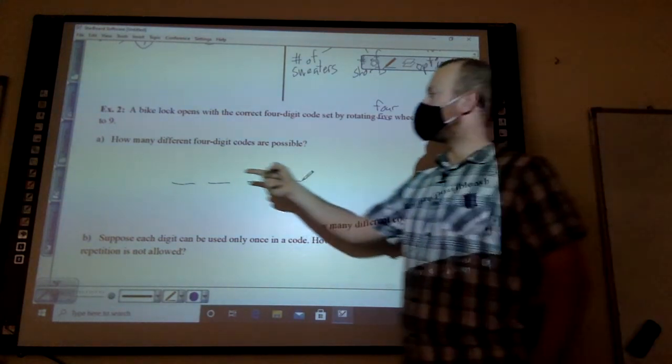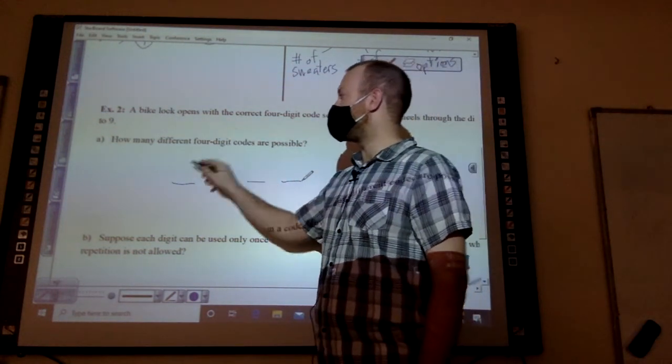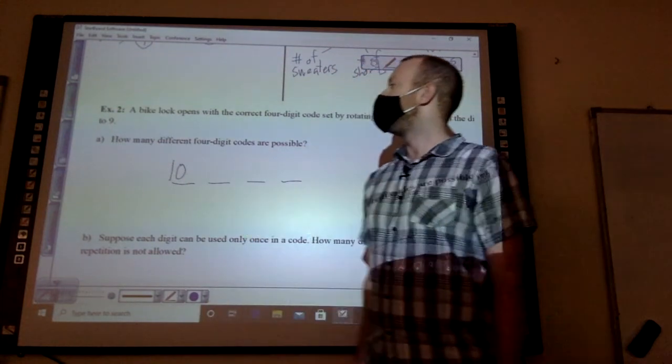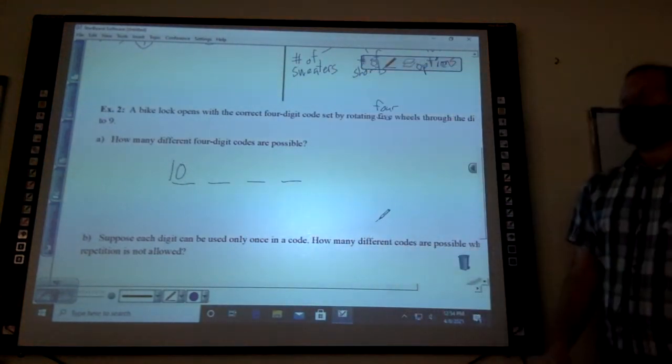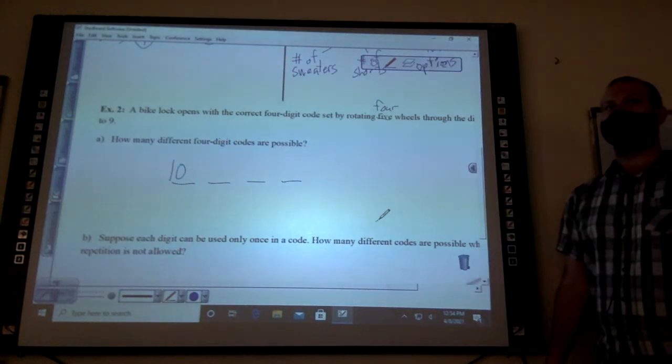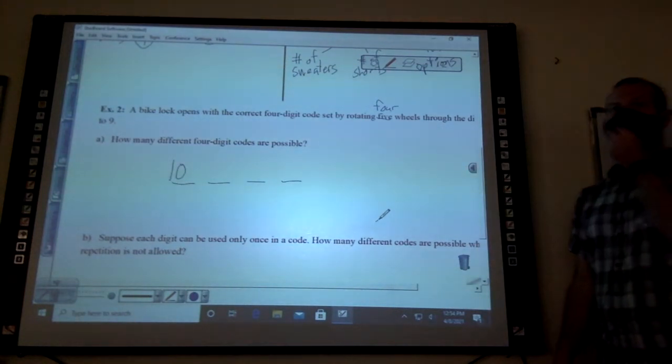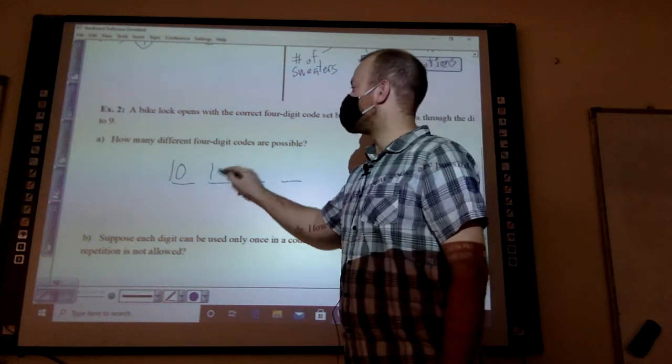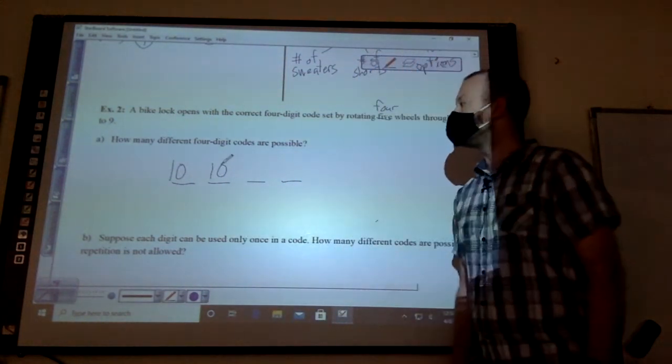So I've got 10 options for the first digit. How many options do I have for the second? 10, I still have the same numbers from 0 to 9.